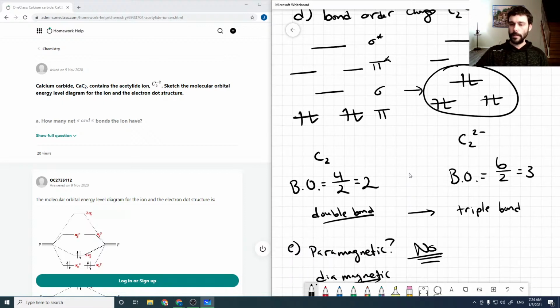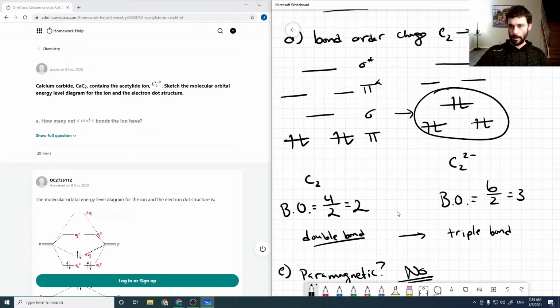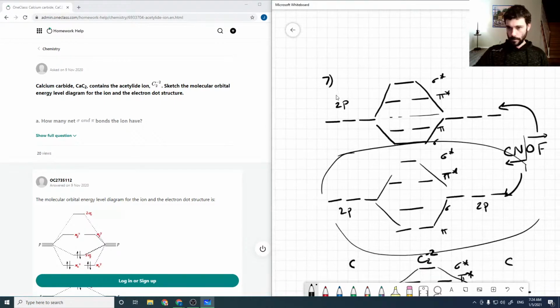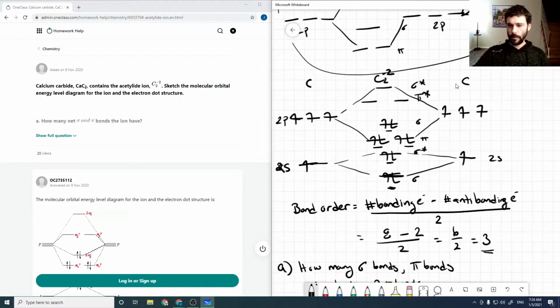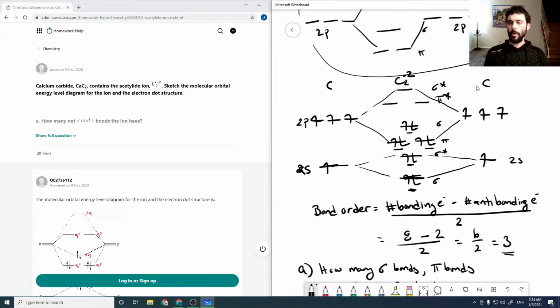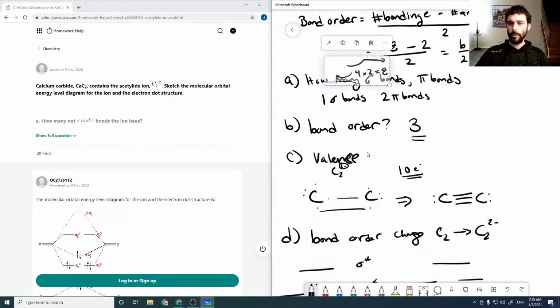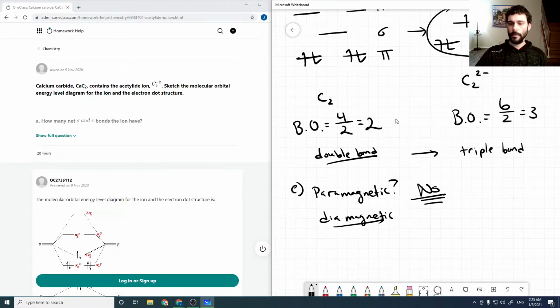So we need unpaired spin for it to be paramagnetic. And so just to reiterate this, if we look at our MO diagram, all the spins of all the electrons are paired, and so it will be diamagnetic.